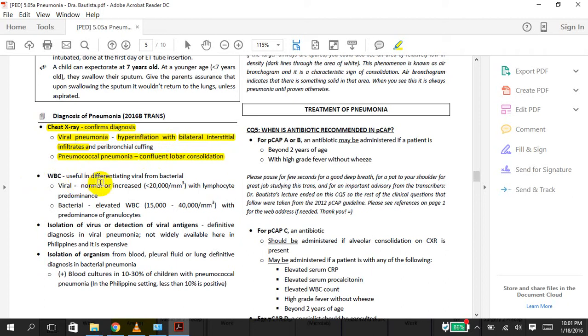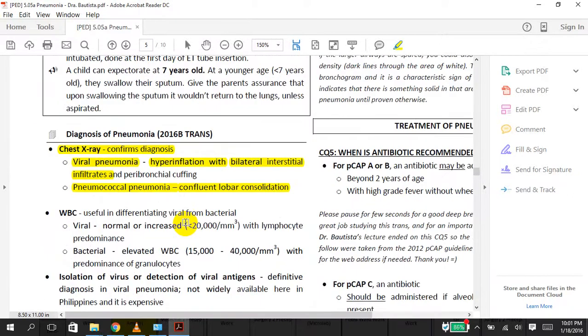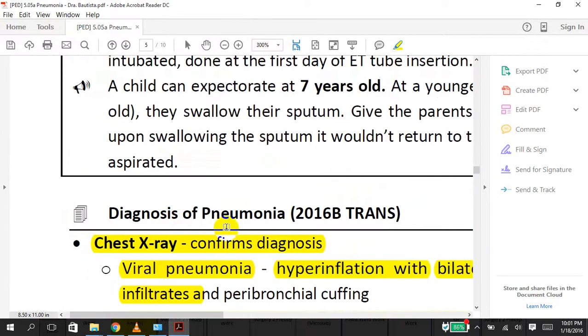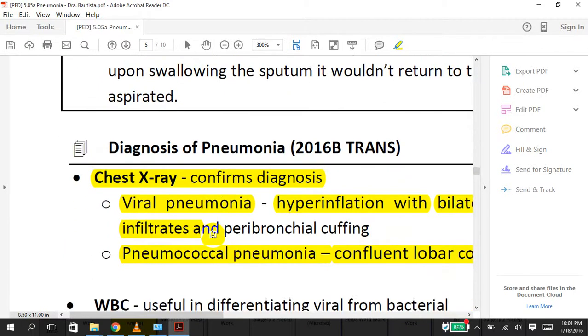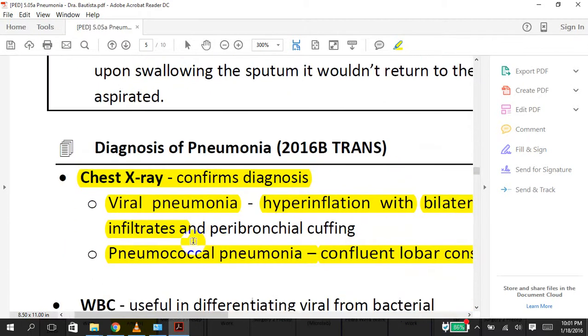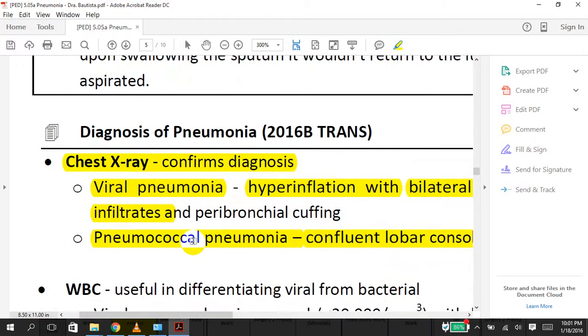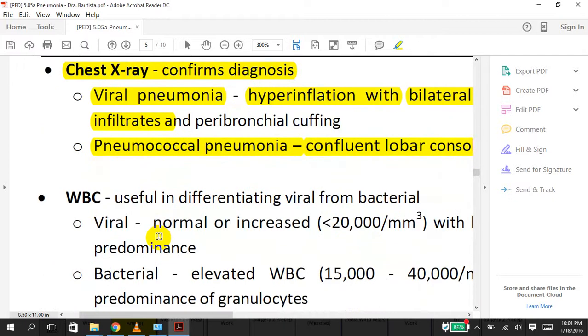Another one which is not written here is mycoplasma, which will have unilateral lobar interstitial infiltrates, and usually the x-ray of a mycoplasma will look worse than its presenting symptoms. Another one would be chlamydia.